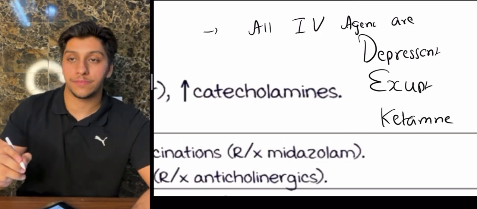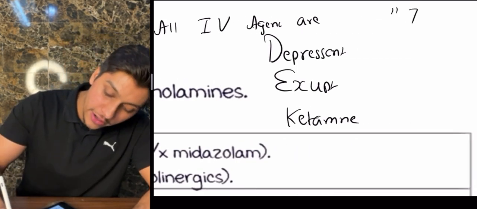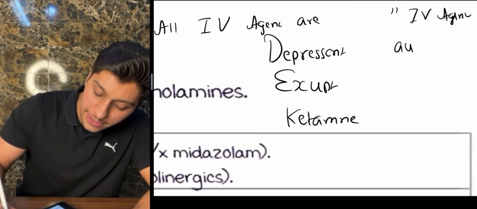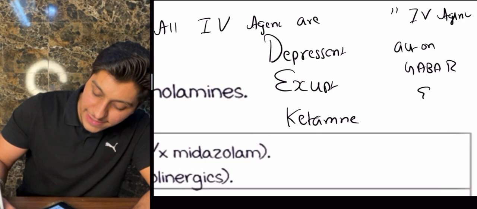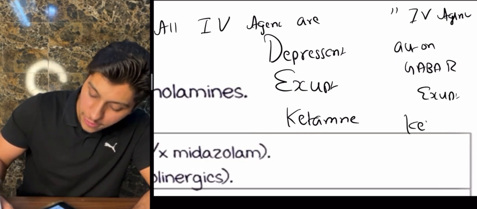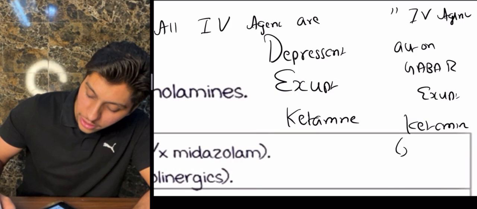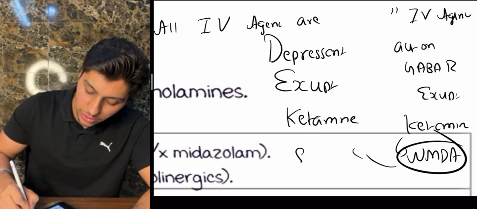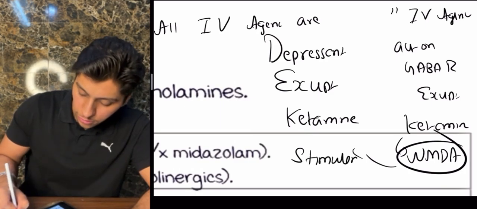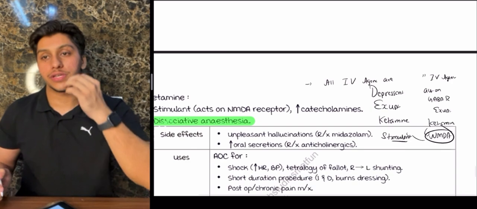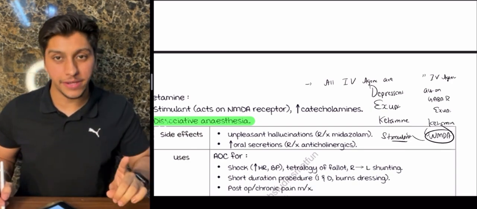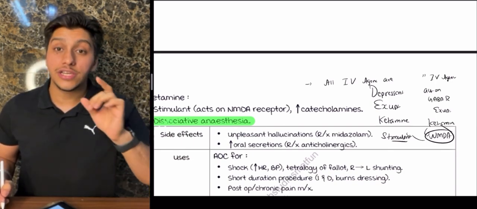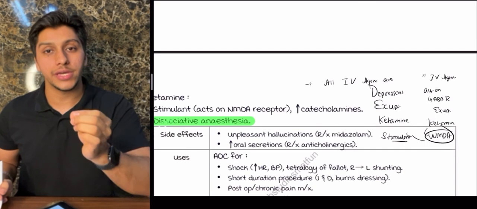And all intravenous agents act on the GABA receptor, except ketamine, because ketamine acts on NMDA receptors. That's why it is also a stimulant. So remember these two things: all IV agents are depressant except ketamine, which is a stimulant, and all IV anesthetics act on the GABA receptor except ketamine, which acts on the NMDA receptor.